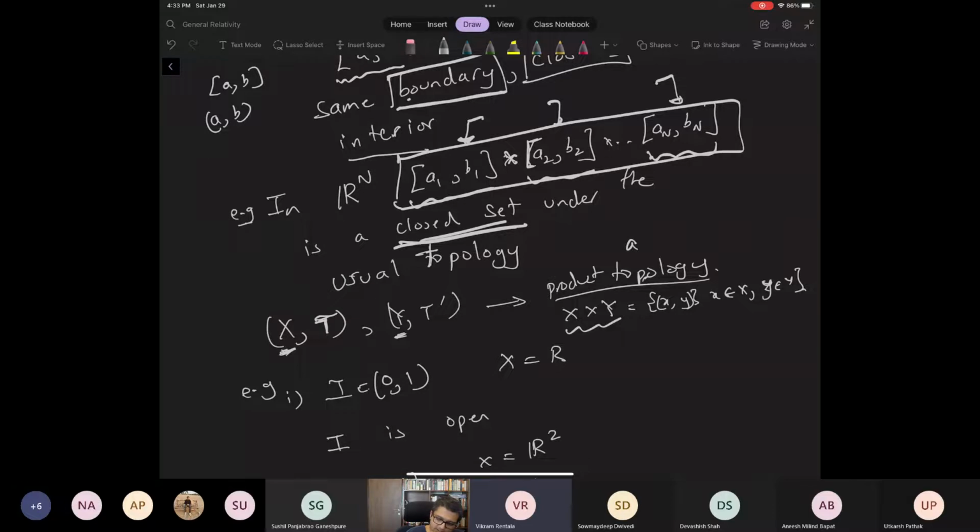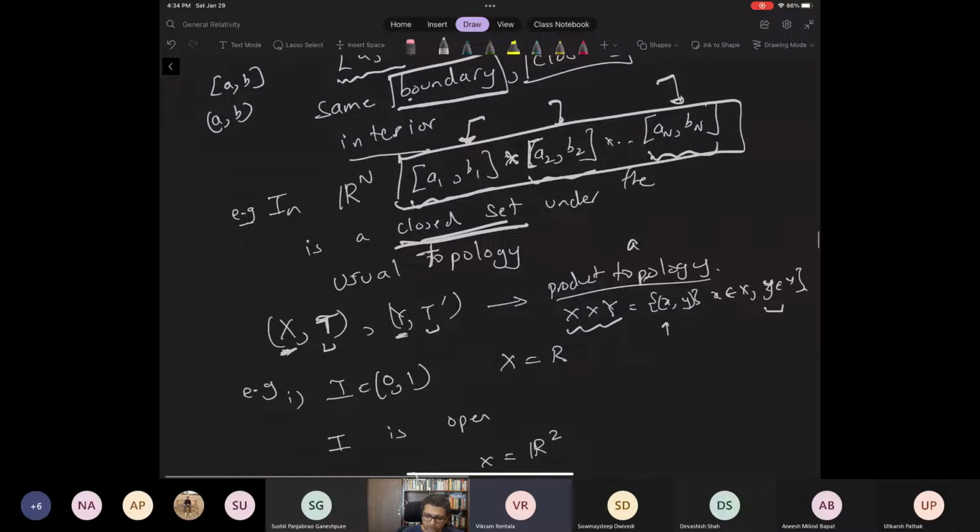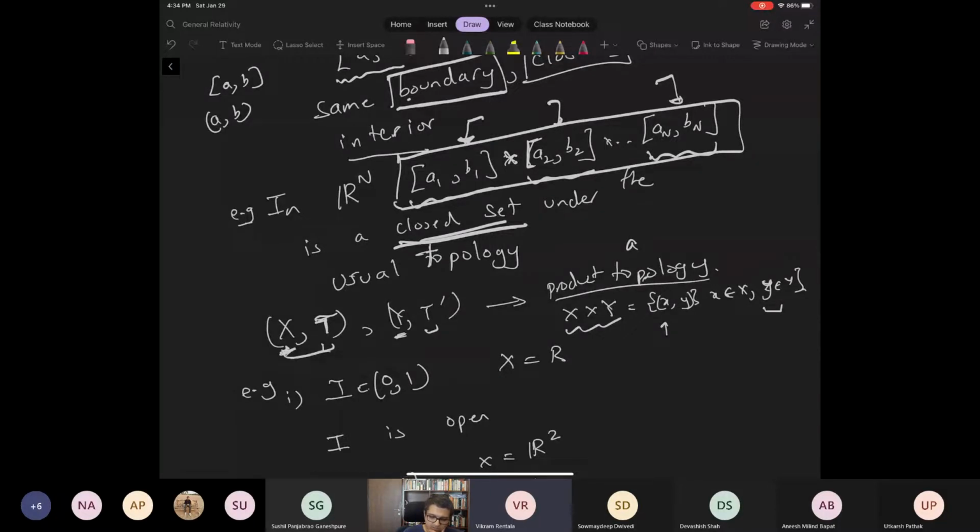you can think of this as, T contains open sets in X, T prime contains open sets in Y, right? And you can see that there would be an easy definition for the topology on this product space, which just follows from here, which is that you have to define a topology on this space.